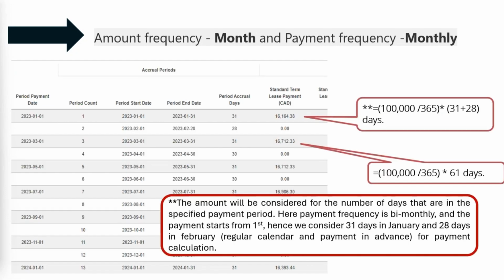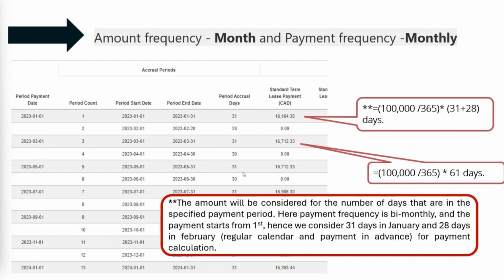So the first payment period has 31 days plus 28 days. Since the payment is done bi-monthly, we are considering the 2 months. Combined it is 59 days. So we are dividing the 100,000 by 365 days to get the per day amount, and then multiplying that by 59 days.